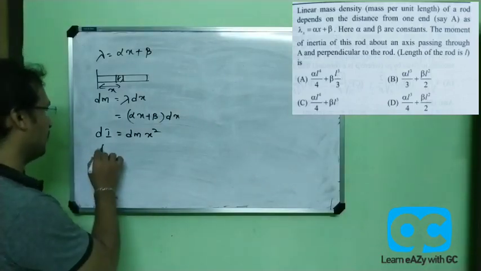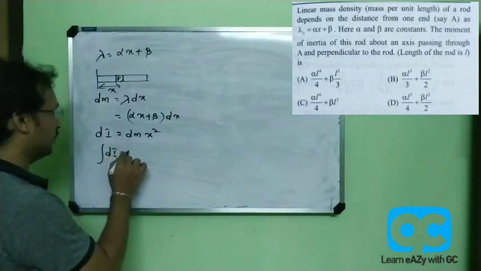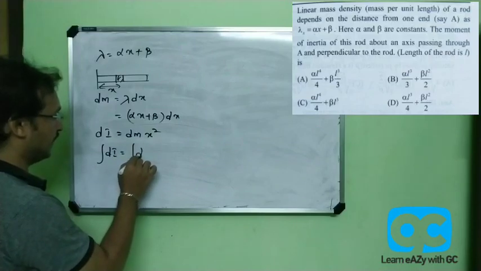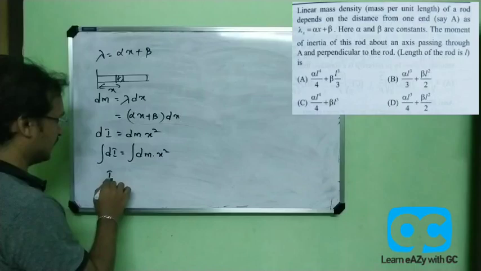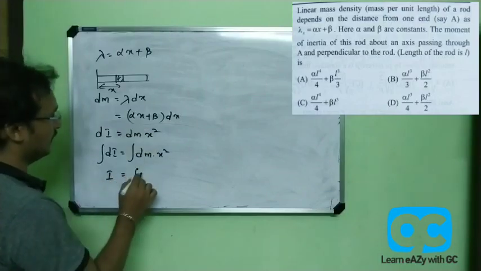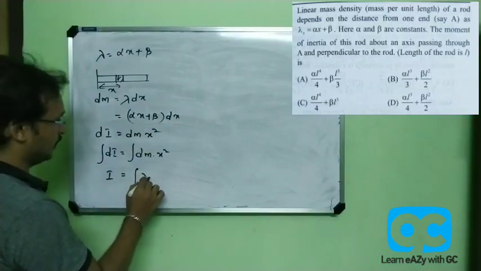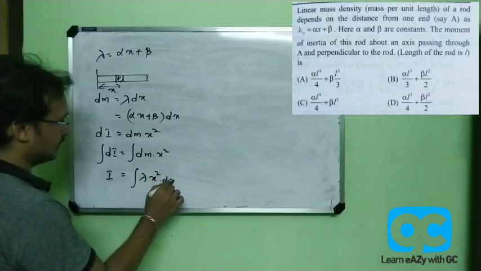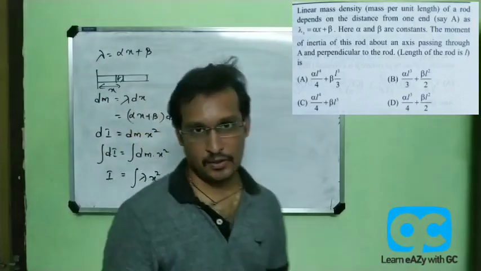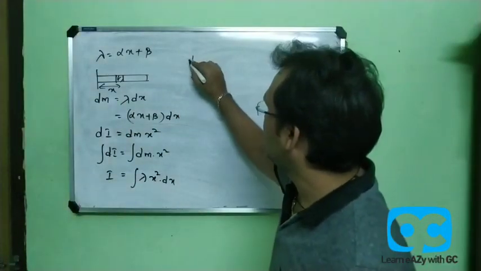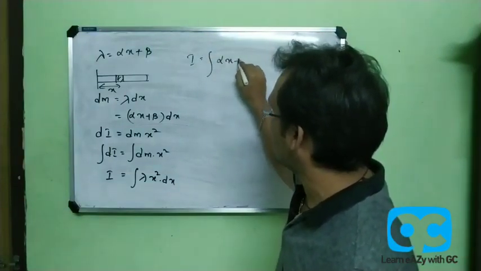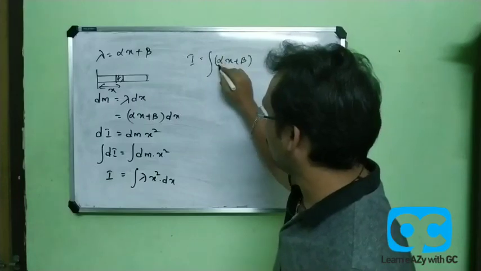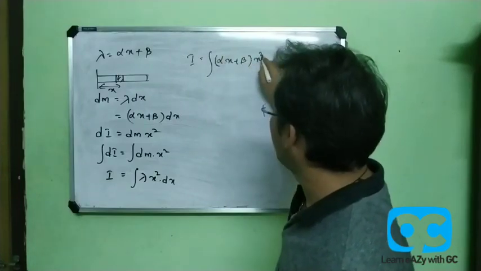So for the total moment of inertia you have to integrate dm into x square. dm means lambda dx. So I equal to the integral of alpha x plus beta, whole into x square into dx, correct?